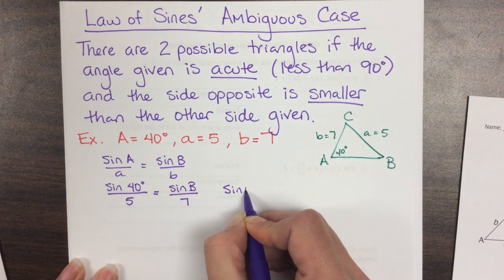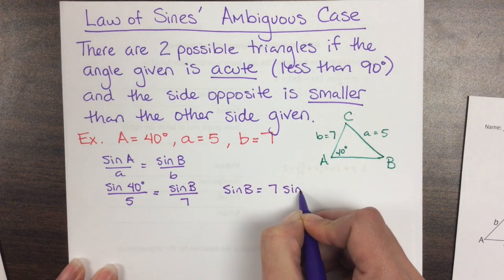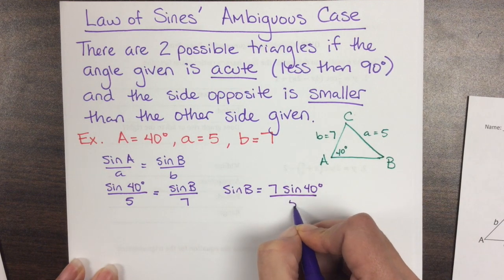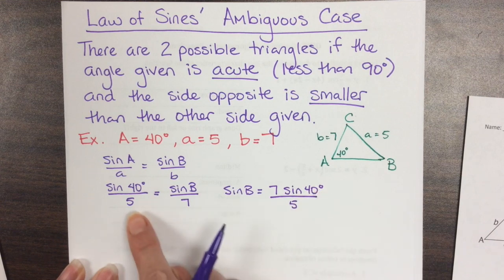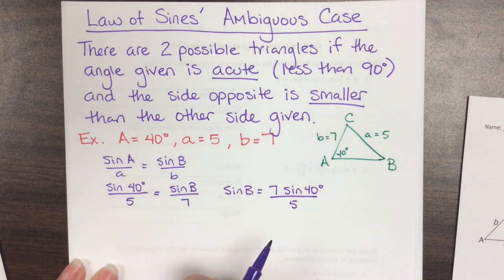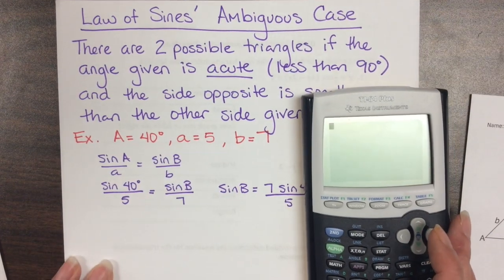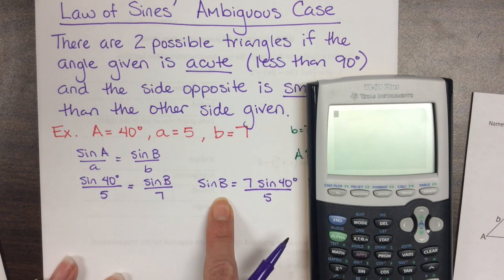And when you do that, you'll get that sine of B equals 7 sine of 40 degrees all over 5. We multiplied these two together, that's my numerator, and we divided by 5 to get B by itself. Okay, so let's go to our calculator and plug that in. So we're going to do inverse because we're looking for the angle.